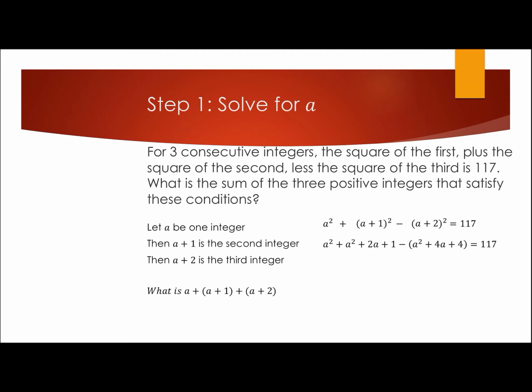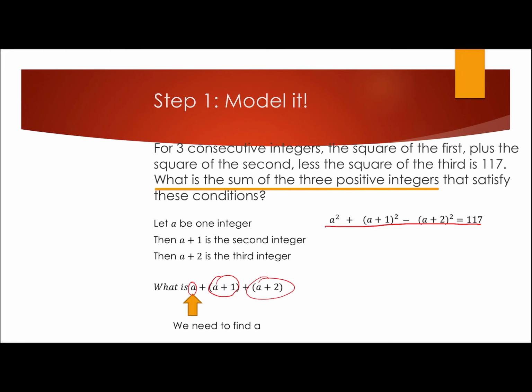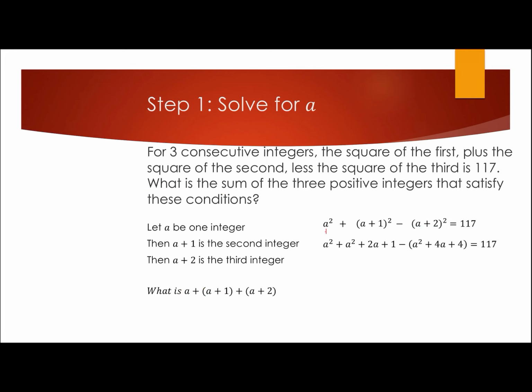So what do we do? Well, we have to expand. We have to write this down. And we expand this. How do we expand this? Well, you can FOIL it, or you can just recognize that this is a perfect square.